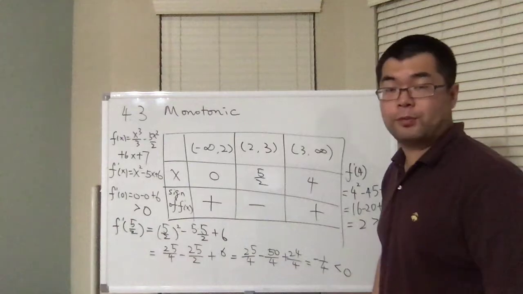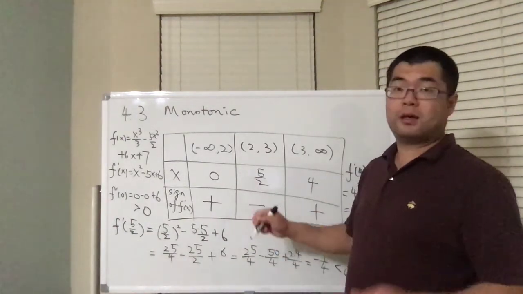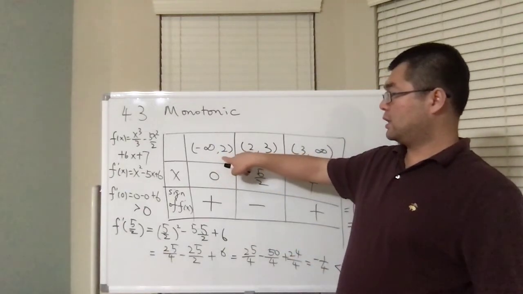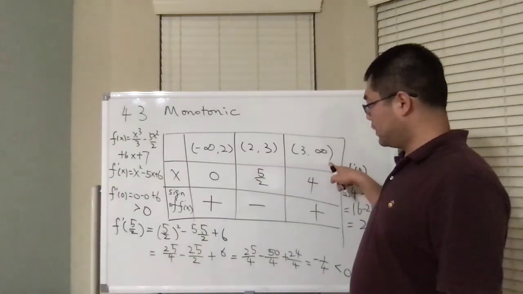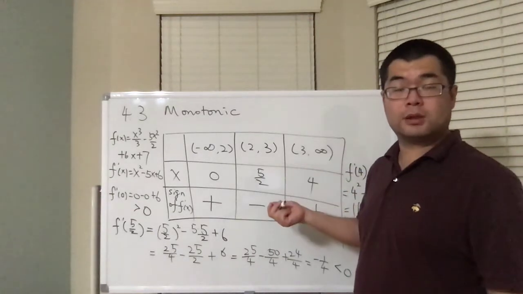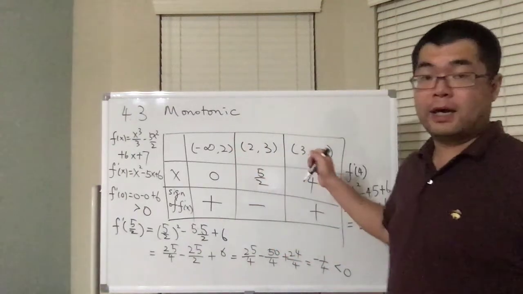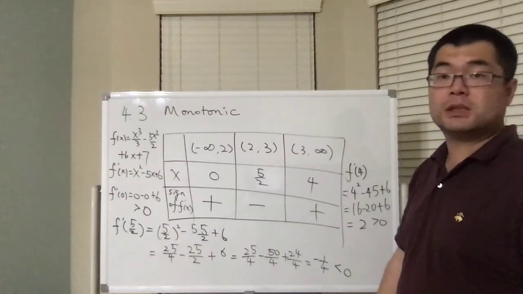So now we pretty much have everything. First of all, you can see that the increasing intervals are from negative infinity to 2 and 3 to positive infinity, because the first derivative is positive on those intervals. And from 2 to 3, it's decreasing.